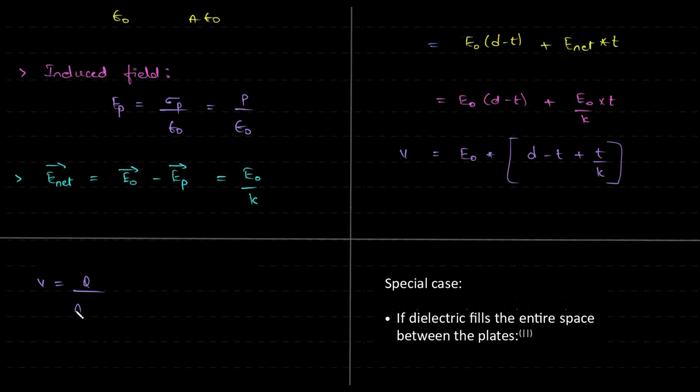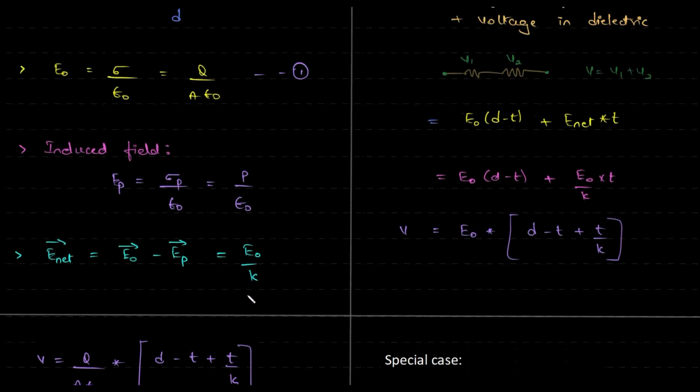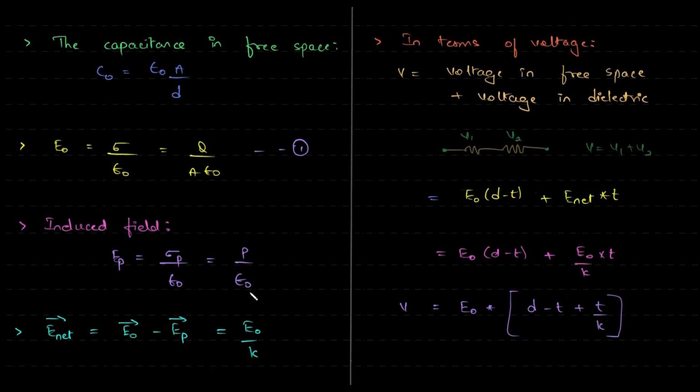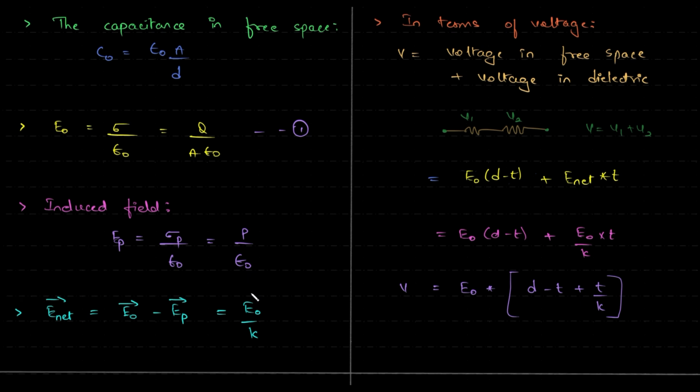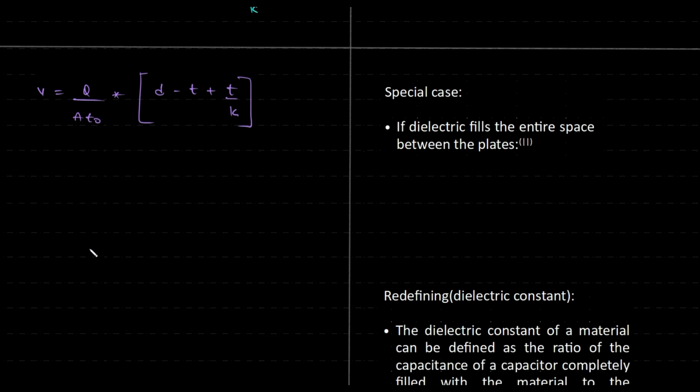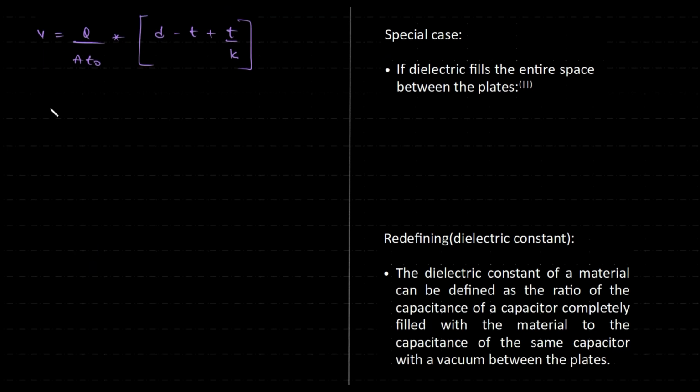So charge by area epsilon naught. So d, we're almost there, we're almost done. Minus t plus t by K. So finally, what do we have? So we are going to this particular expression, which expression? C is equal to Q by V. Okay, so if I rearrange over here, so V by Q or Q by V, my bad.